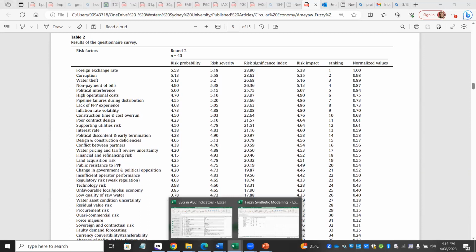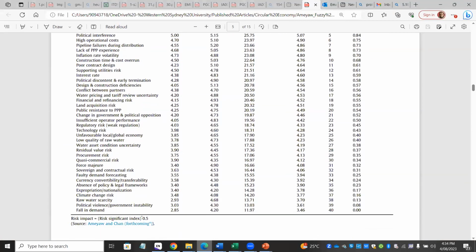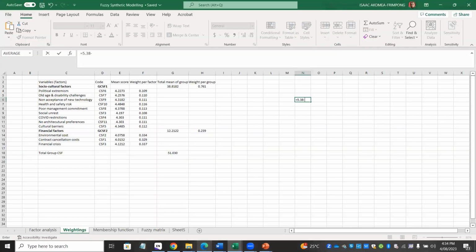So 5.38 minus the minimum mean, the minimum risk impact, which is 3.46.